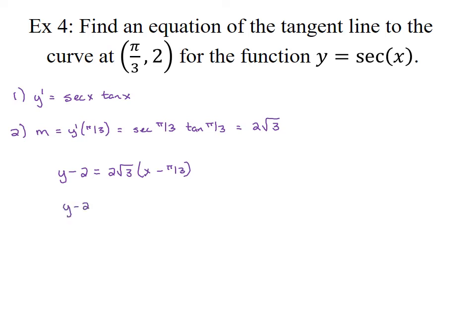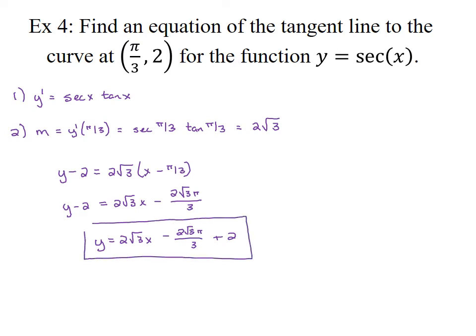This will be y minus 2 equals 2 square roots of 3 times x minus 2 square roots of 3 times pi over 3. Then you add the 2 over, which is not going to be very nice, so don't make it harder. Just leave it alone. 2 root 3x minus 2 root 3 pi over 3, and then plus an additional 2. These last two constants don't go together very nicely. That's fine. Just leave them separately.